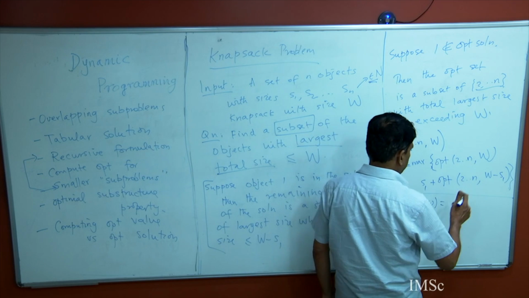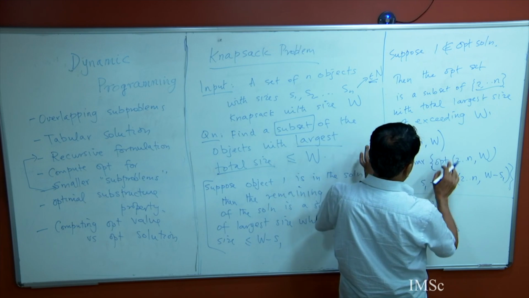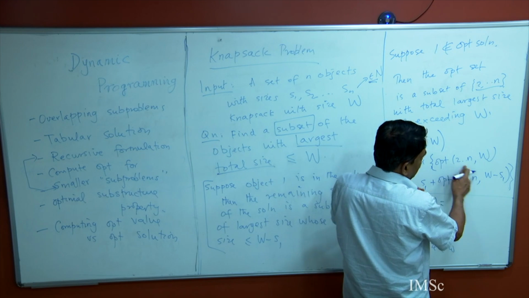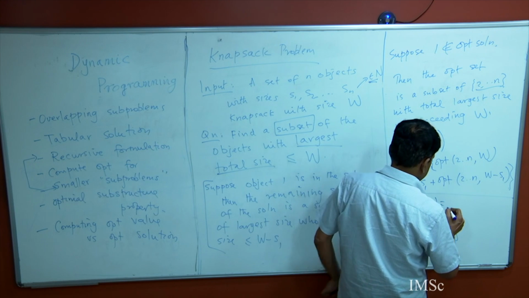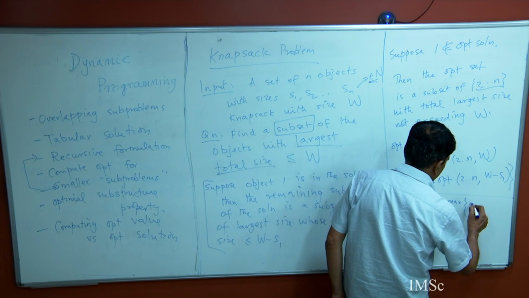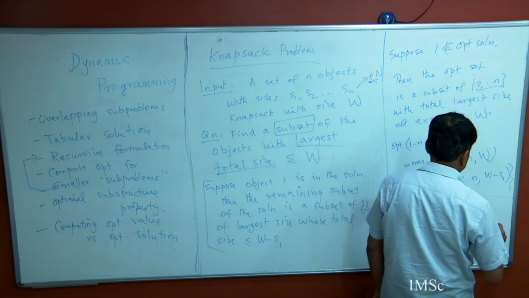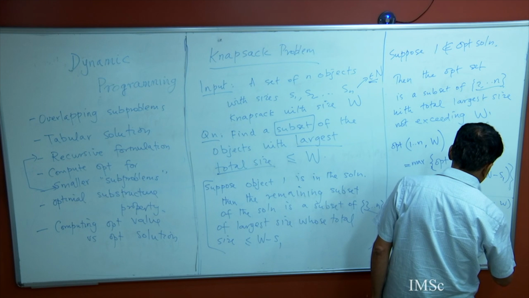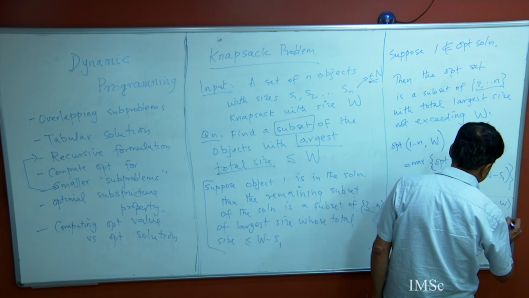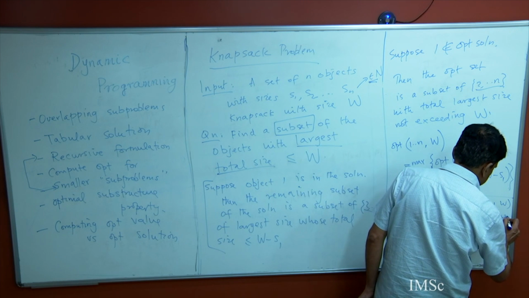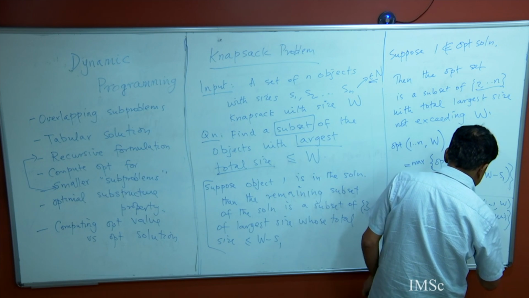This now I know how to compute it, because this is for 1 to n, W, but in general, at an intermediate point I want some I and some value w prime, right? So this is going to be max of opt(I minus 1, w) or opt(I minus 1, w minus si) plus si.